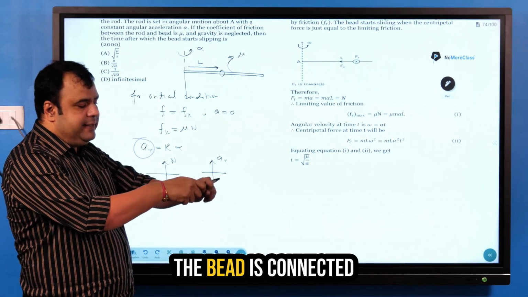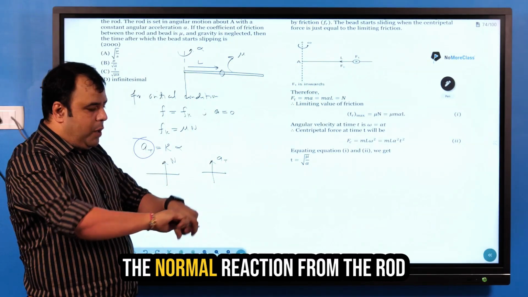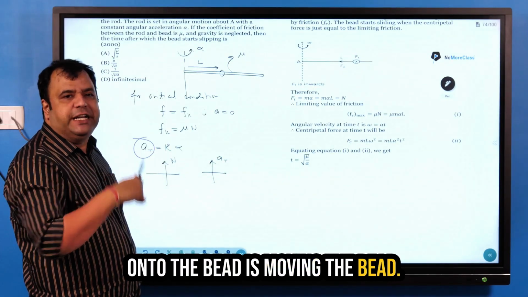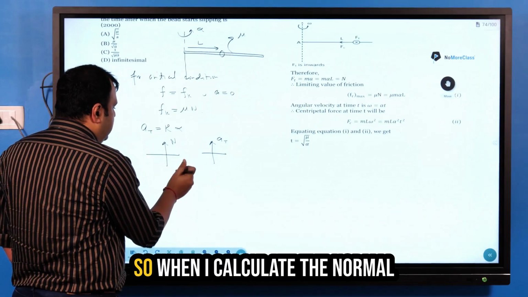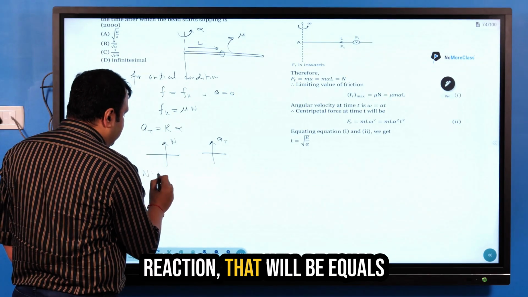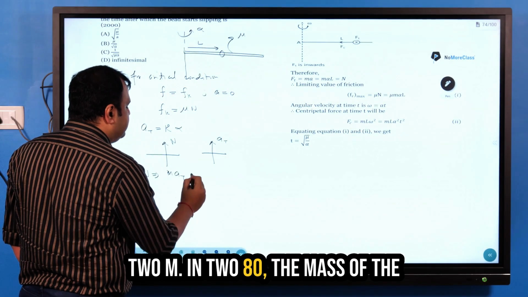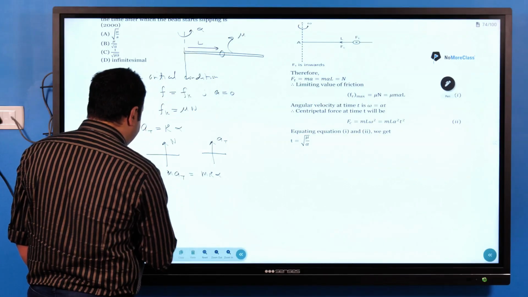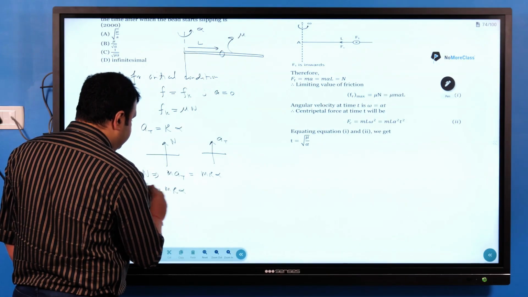It's like this: the bead is connected and the rod is moving, so the bead is also moving. The normal reaction from the rod onto the bead is moving the bead. So when I calculate the normal reaction, it will be equal to m times a_T, the mass of the bead multiplied with a_T, so m R alpha. The normal reaction comes out to be m R alpha.